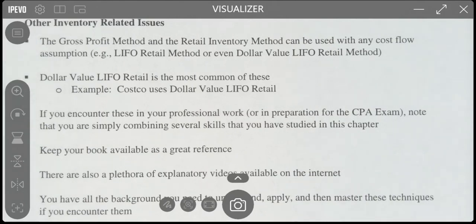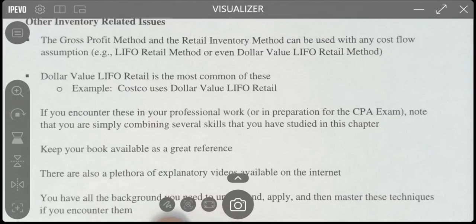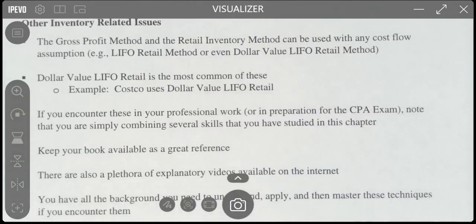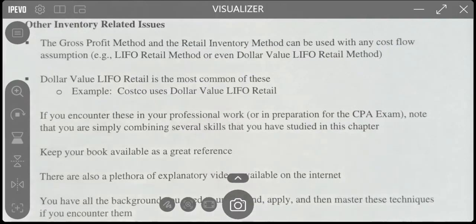You have all the background you need to understand, apply, and then master these techniques if you encounter them in any combination. What I'm doing is giving you the most general forms, and then certain of your clients and companies will use them in conjunction with each other, and it will be easy for you to pick up what is going on.